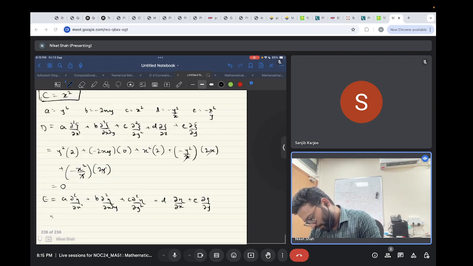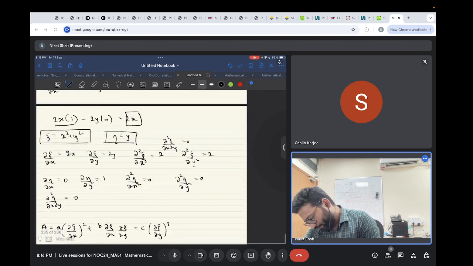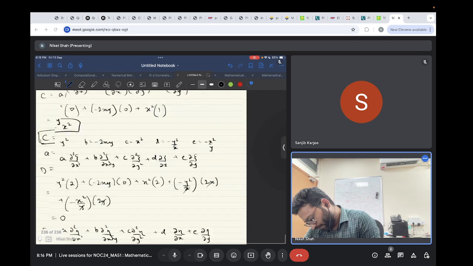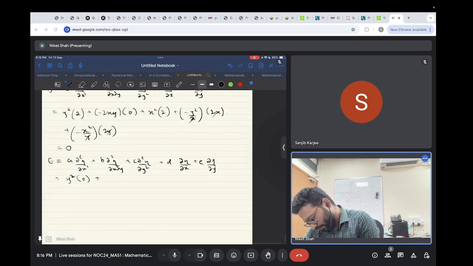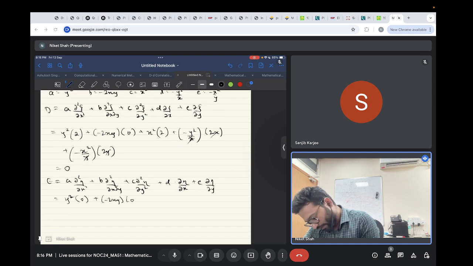Now again I use y square. ∂²η/∂x² is going to be 0. η is just y, right? Absolutely. So this is 0 plus minus 2xy into 0 again, plus c into 0.